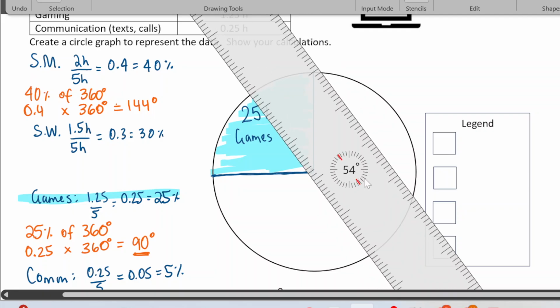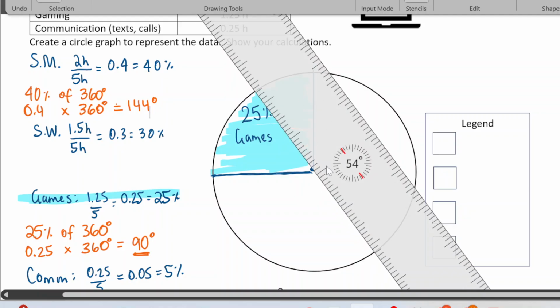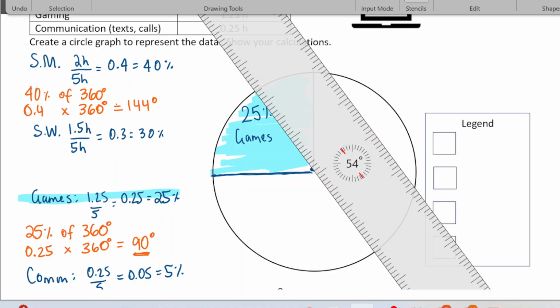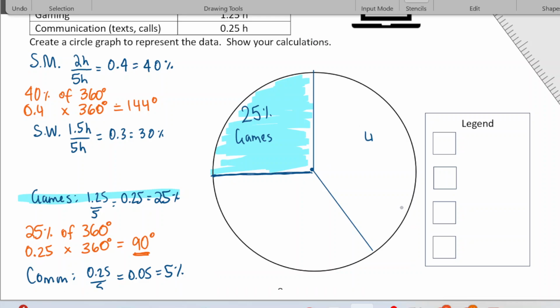Yeah. So if I do 54, that's going to work, because I've done 90 and then another 54. So in total, that sector that I've drawn is 90 plus 54, which is 144. So that's showing 40% of the circle. And you can see that makes sense because that's a little under half, right? And that would be social media.